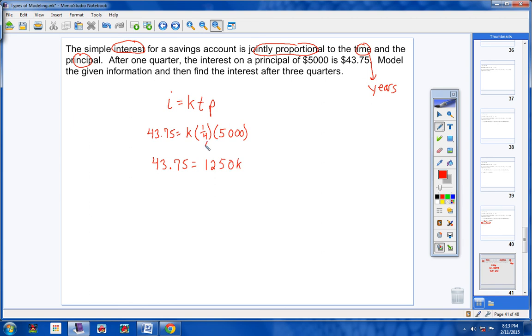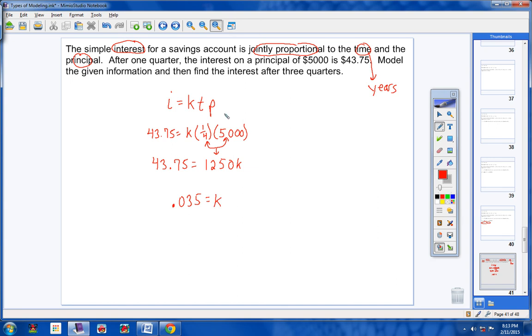So I multiplied this times this, and I got 1250. Now divide both sides by 1250, and you're going to get 0.035. Alright, so that would be your K.